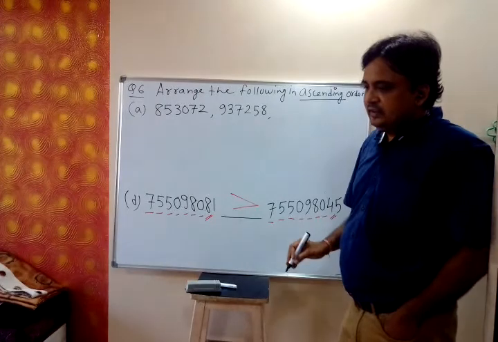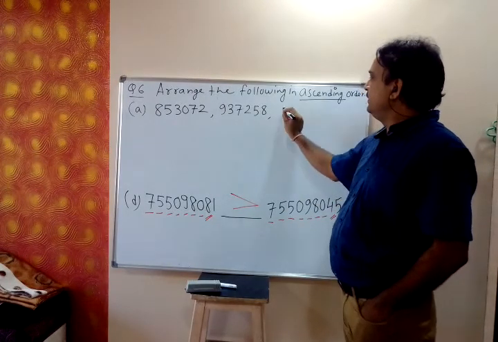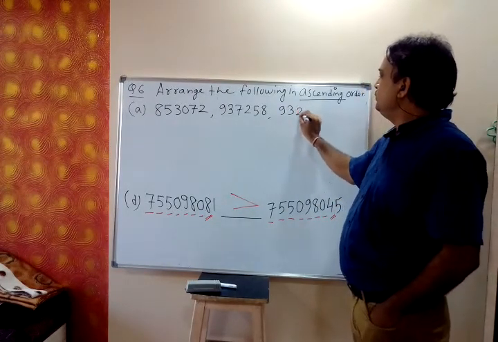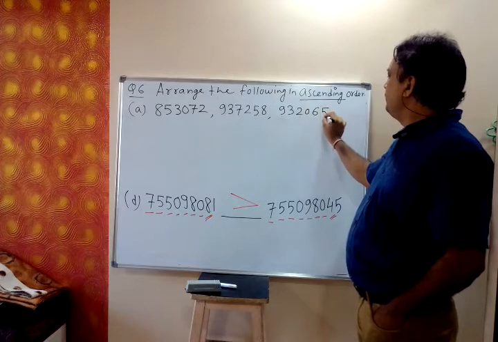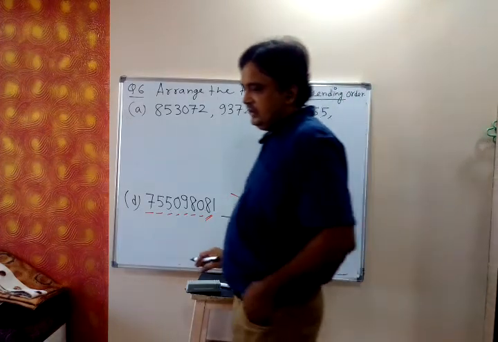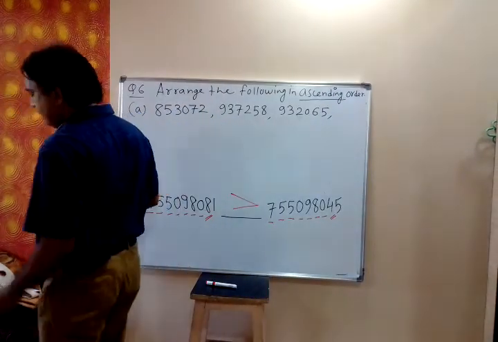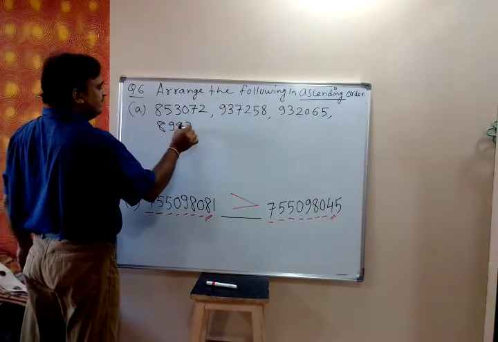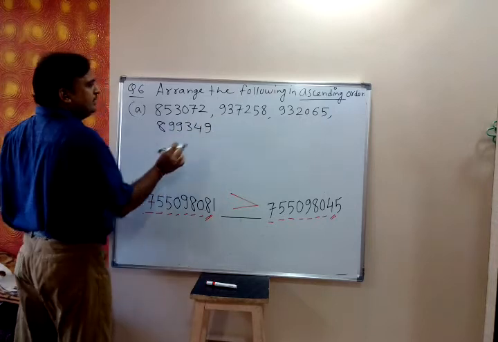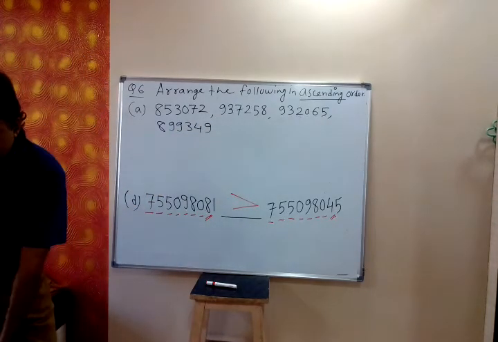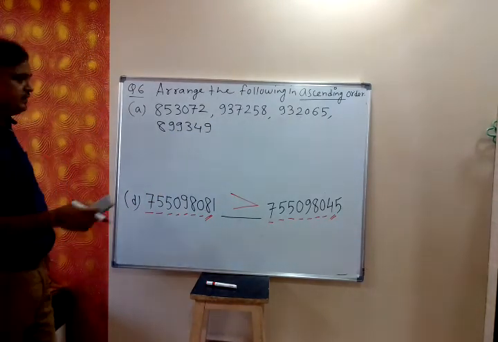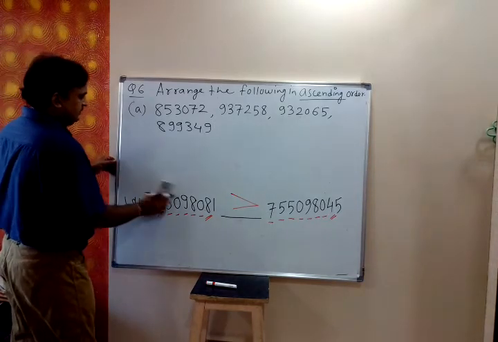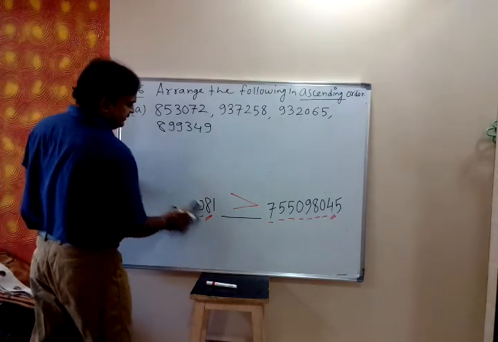Then 932065. Then 899349. Arrange these numbers.